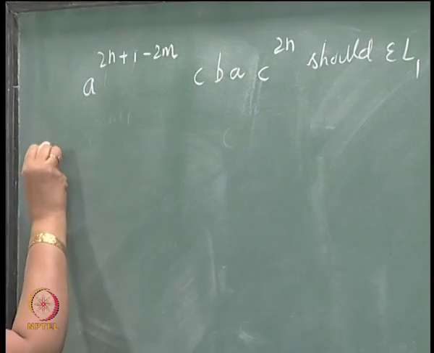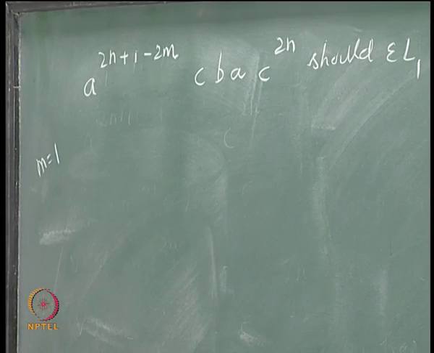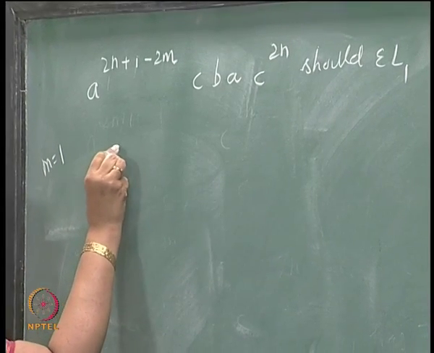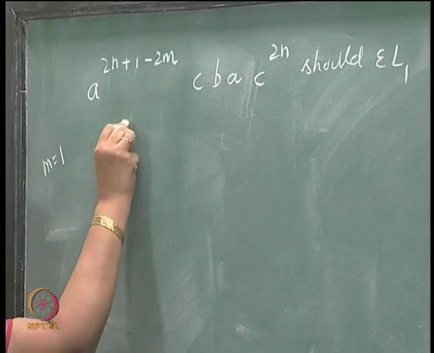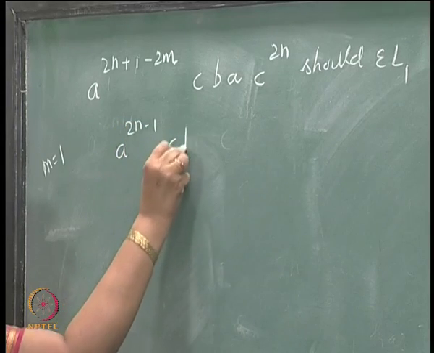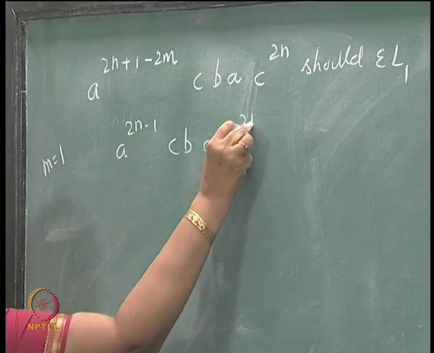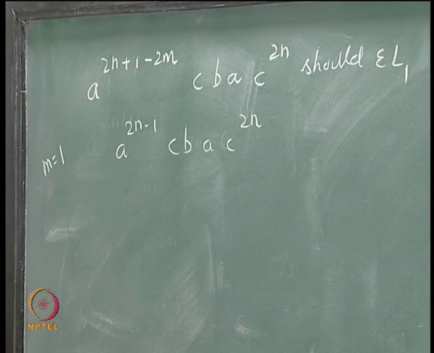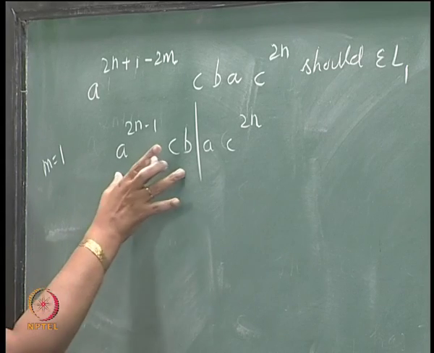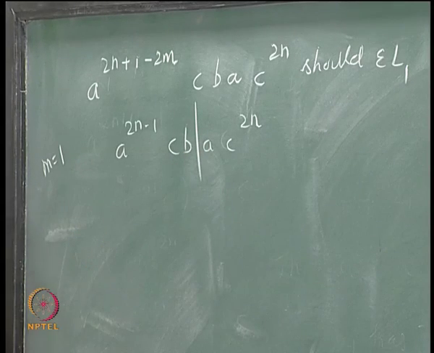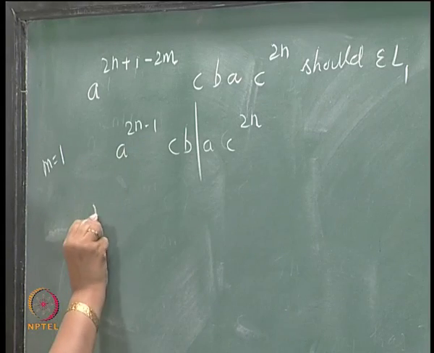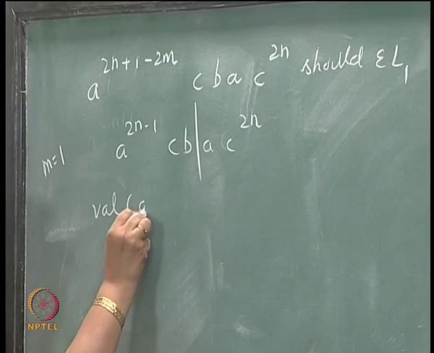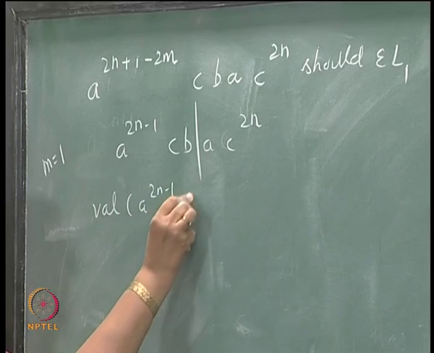Suppose m is equal to 1. If m is equal to 1, what will this be? It will be a power 2n minus 1 CBA C power 2n. Then where will the split occur? Split occurs here. This string is of length 2n plus 1, this is of 2n plus 1. So, what will be the value of a 2n minus 1 CB?